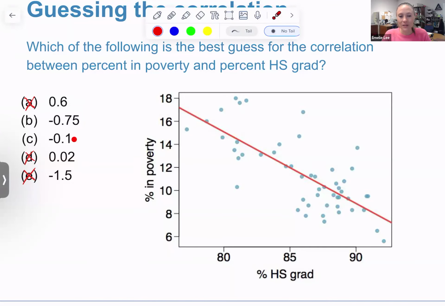Now remember, if it's negative 0.1, that's really, really close to 0, right? And so that would just look like a cloud. And so here I can see a relationship, which tells me that it must be this one. So this is what a correlation of negative 0.75 looks like.